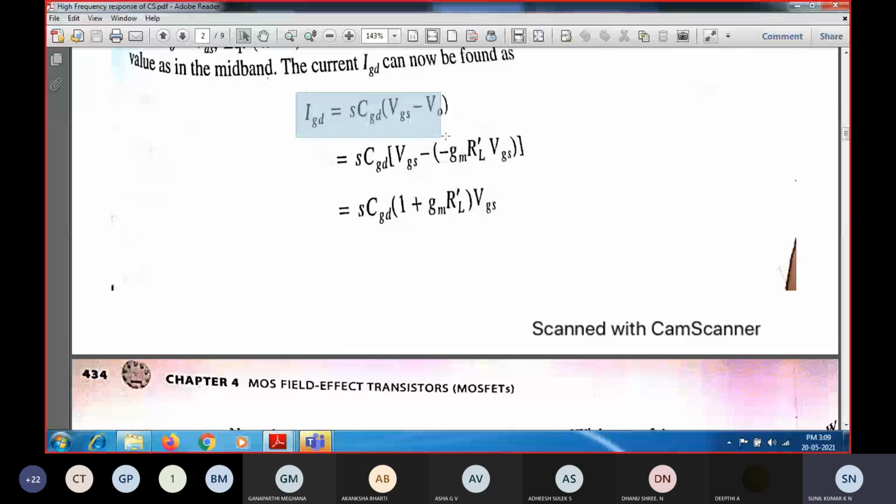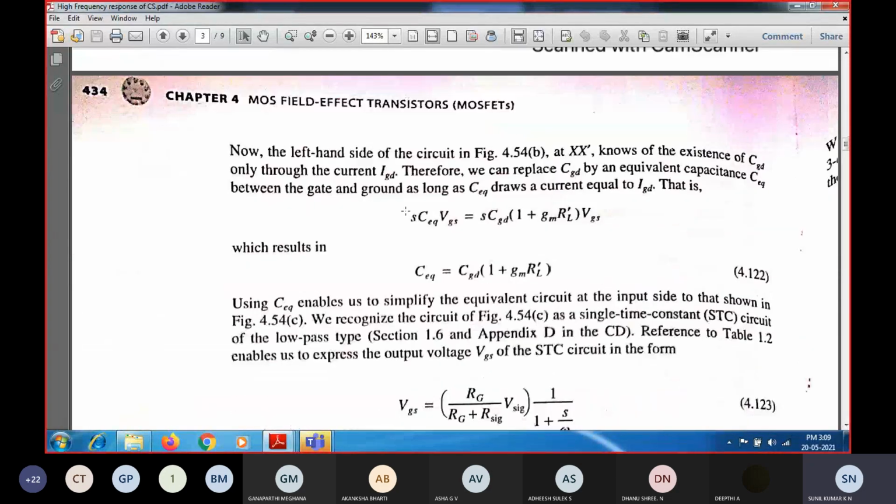So first we calculate the gate to drain capacitance and the gate to drain current, which is very small when compared to GM into VGS. Since the capacitance value is small and it is connected between the input and output, the value of the current in the vicinity of high frequency is very small.